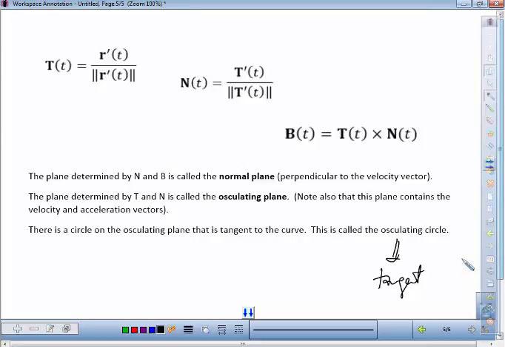But in 3 dimensions, the circle is only a 2-dimensional thing. So we need to put that circle on a flat plane somewhere. And that flat plane contains the tangent vector and the normal vector, the tangent vector and the velocity vector. And it's on the osculating plane. Yeah?